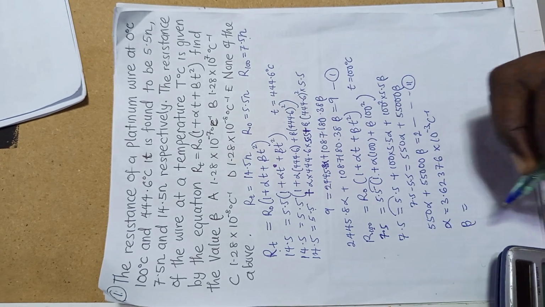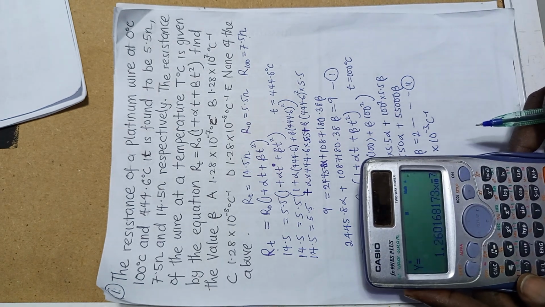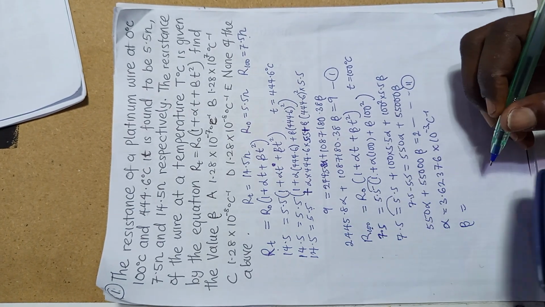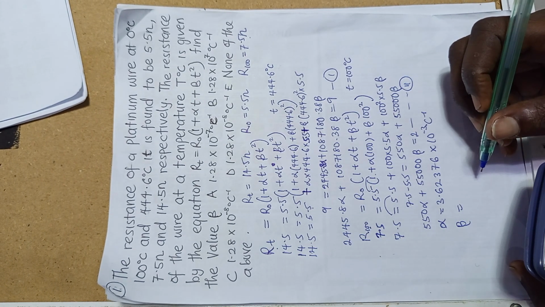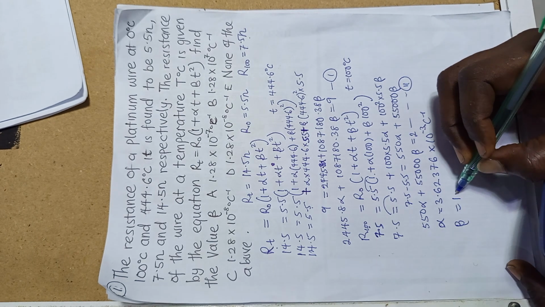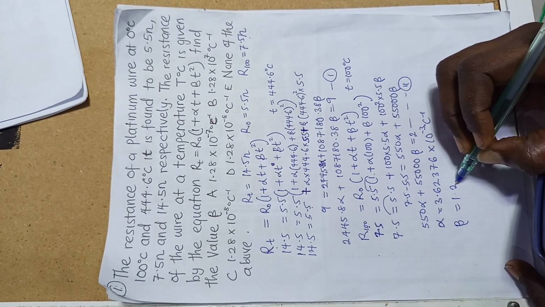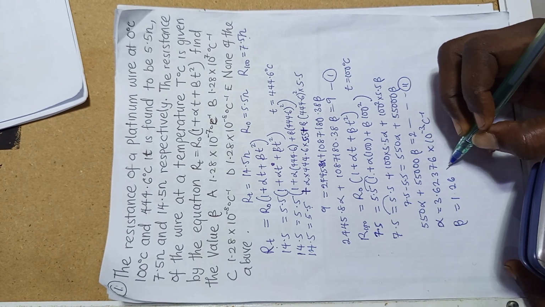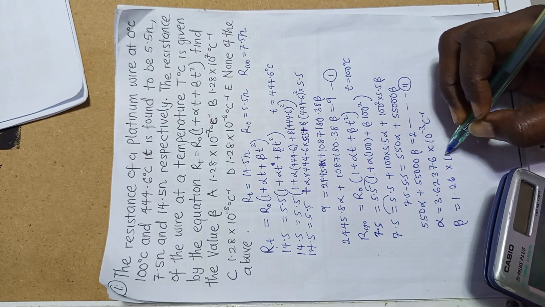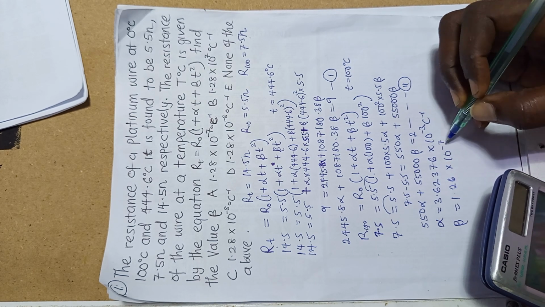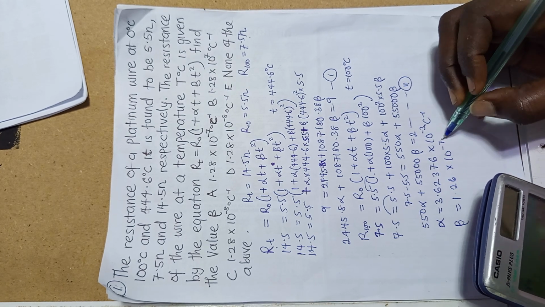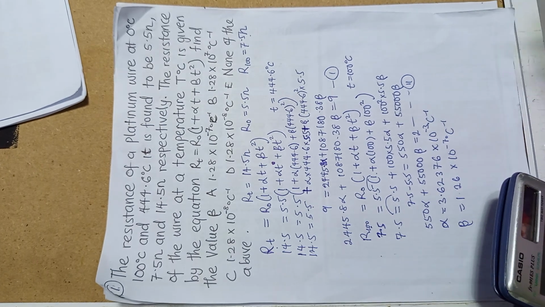Then beta is 1.26 times 10 to the power minus 7 per degree Celsius.